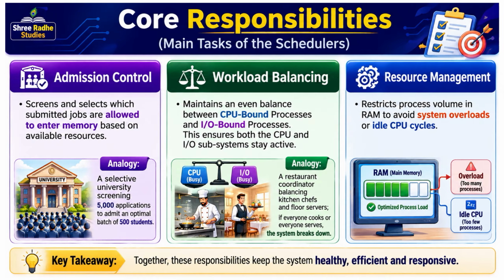This prevents either the CPU or the input-output devices from becoming overloaded or sitting idle. Third is resource management. It controls the number of active processes in memory, preventing excessive memory usage and maintaining overall system stability. These responsibilities ensure that the operating system runs efficiently under different workloads.